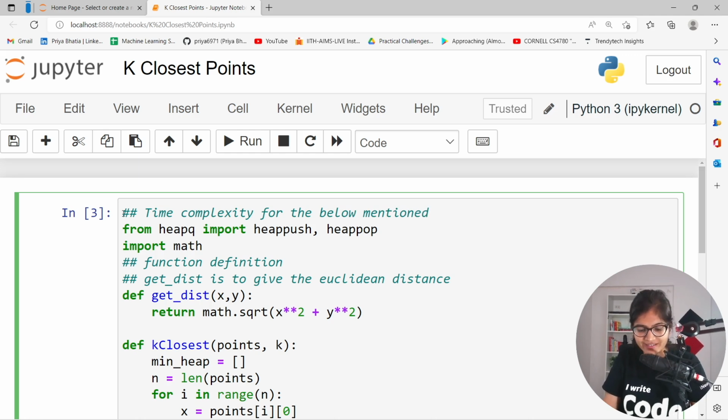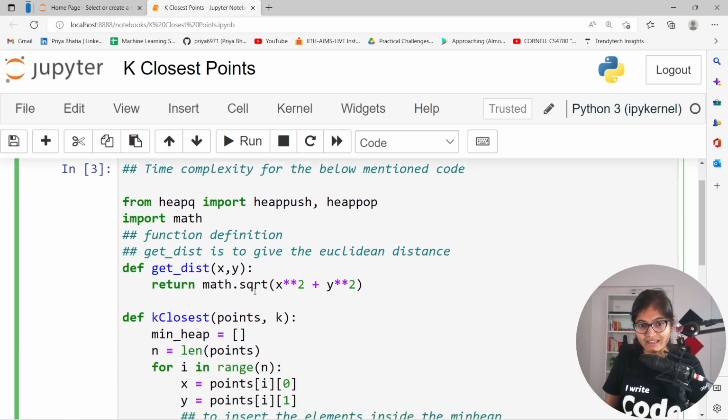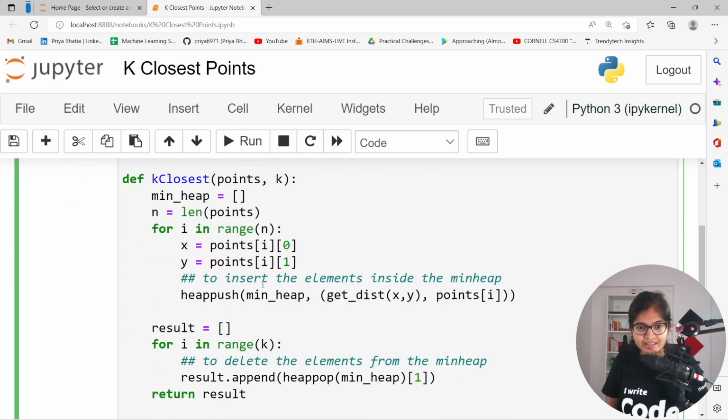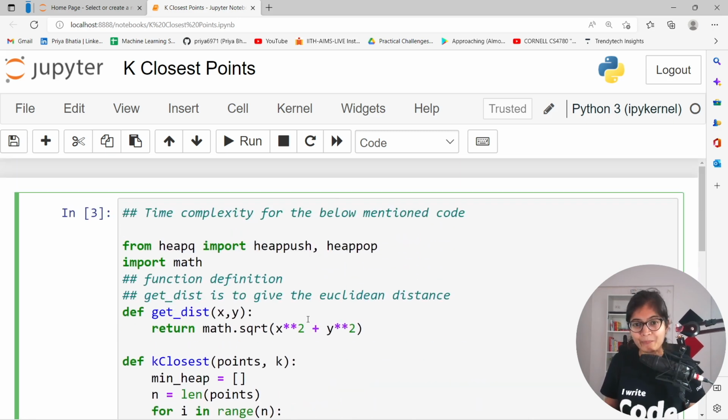Let me know in the comment section. I will for sure see everyone's answer, and that will tell me whether you are now clearly able to understand this module of heap data structure, because in this particular code I am using insertion and deletion, everything. It's a very good question, I would say.